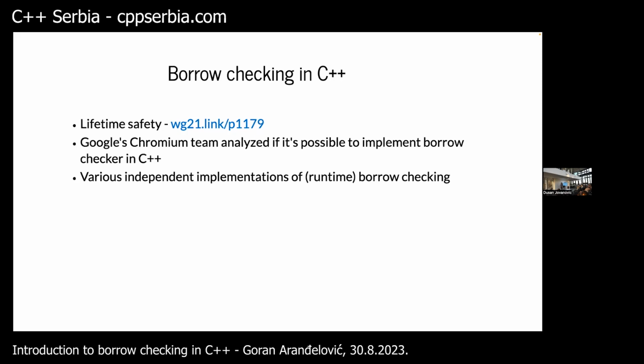Their conclusion was that it's not possible to fully implement a compile-time borrow checker in C++. But they made some progress, and they gave some ideas. What are the constraints in C++? Maybe how can they be resolved, and maybe we will see borrow checking sometimes also.